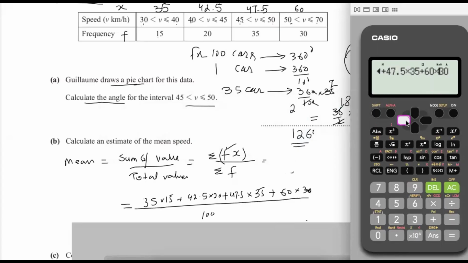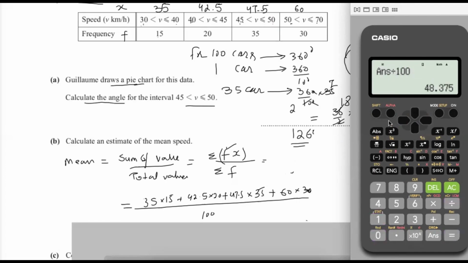4837.5. Look here, we can get this if we multiply 35 into 15 plus 42.5 into 20 plus 47.5 into 35 plus 60 into 30, we get the value 4837.5 divided by 100.